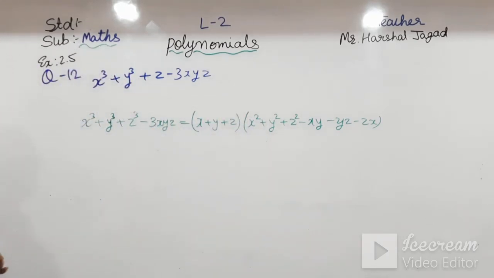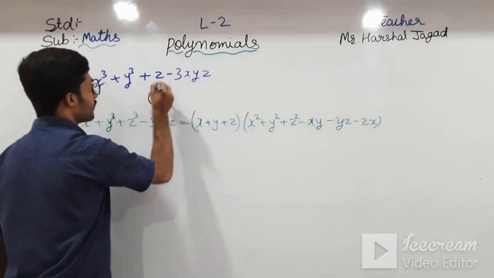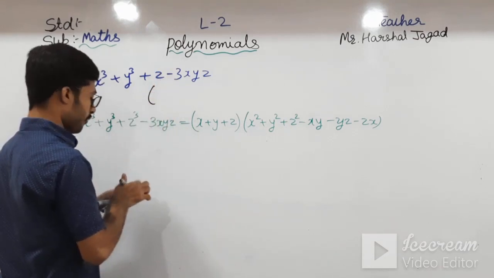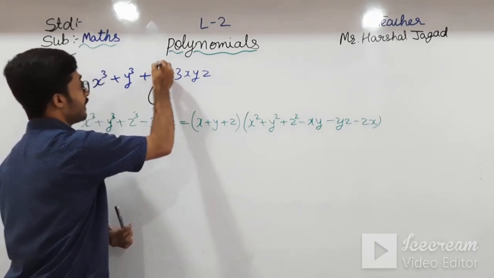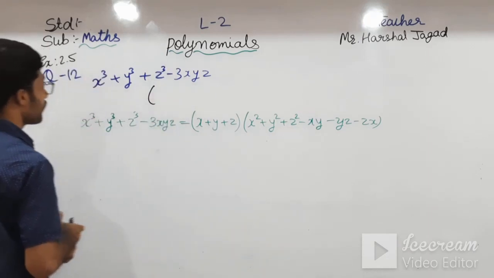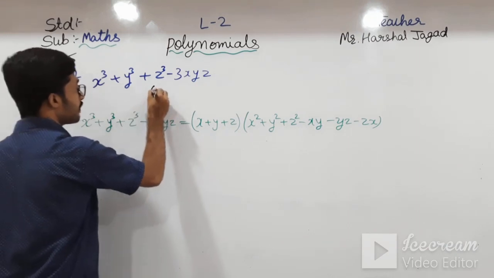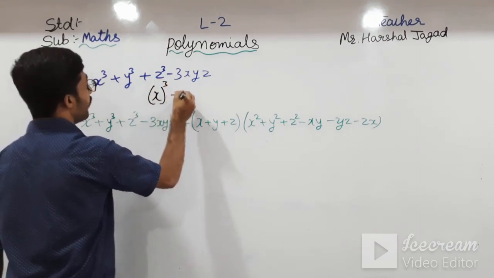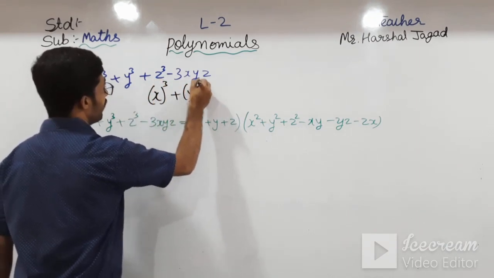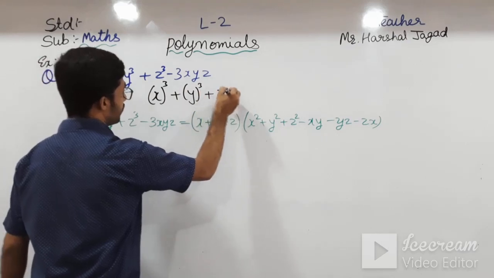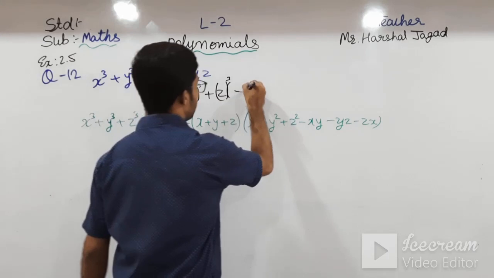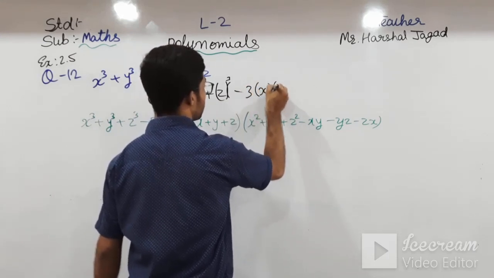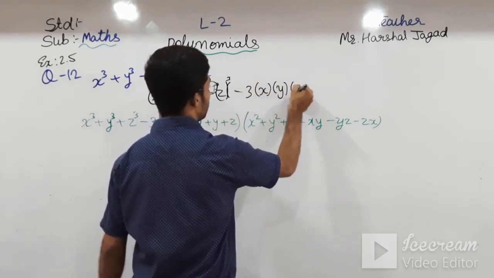So in that what we will do, first of all, here I forgot to write the z cube, so that is x the whole cube plus y the whole cube plus z the whole cube minus 3xyz.